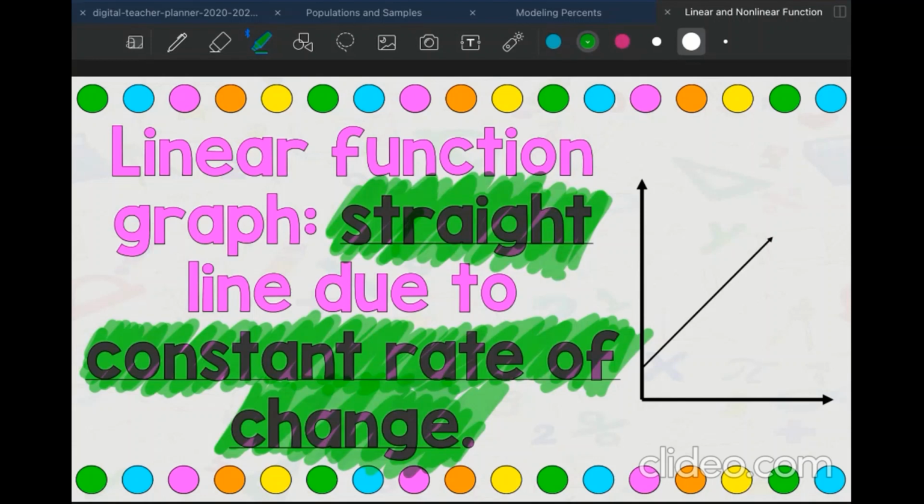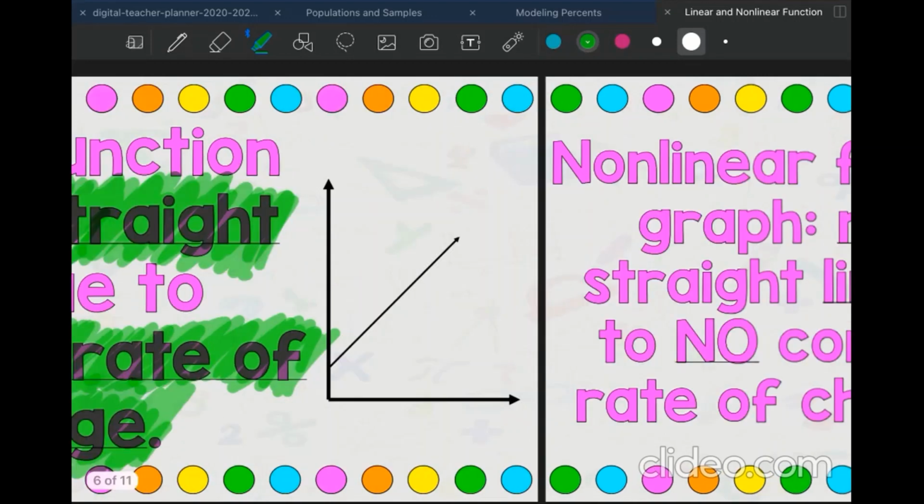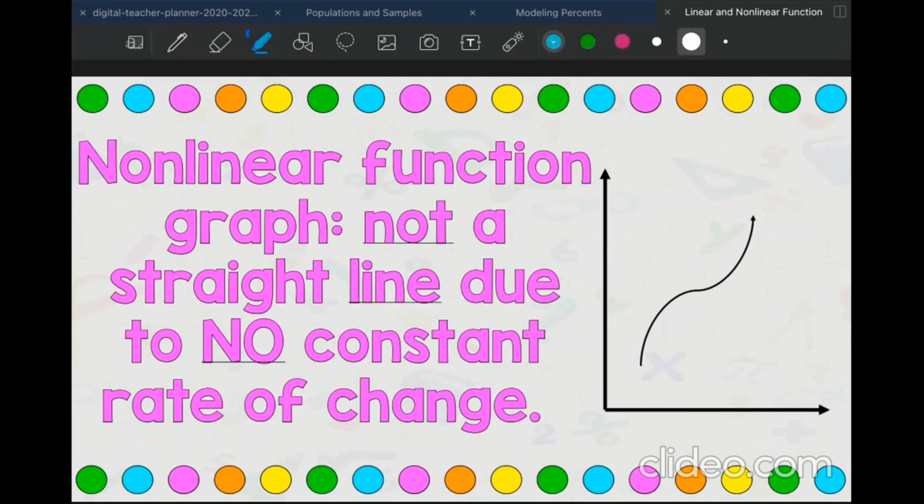So a linear function graph is a straight line. A non-linear function graph is not. I mean, this kind of makes sense, right? If it's non-linear, not, they're kind of the same.